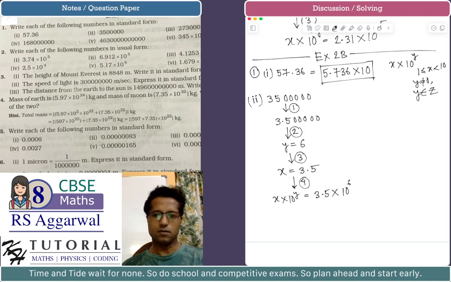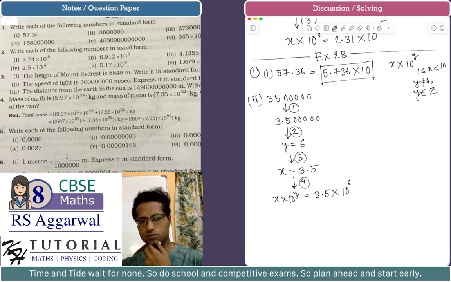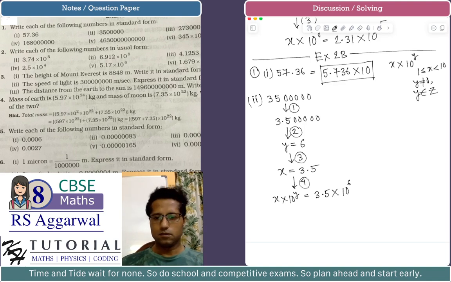Whenever you find the number in standard form, always recheck by multiplying 3.5 into 10 to the power 6 and see that you indeed get the original number. If I multiply 10 to the power 6 with 3.5, I get 35 and 5 zeros. Okay, fine. So this is the number in standard form.